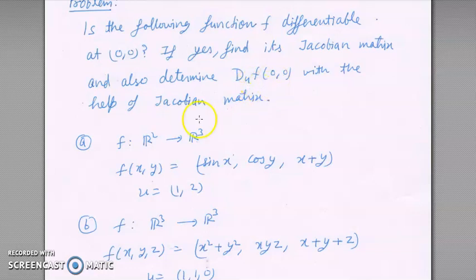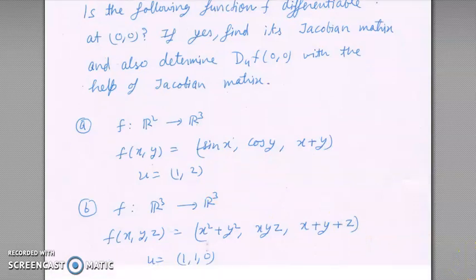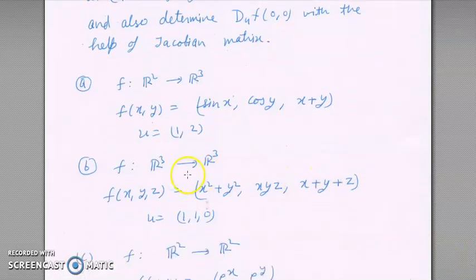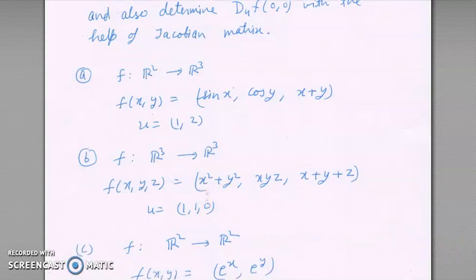The first function is f from R2 to R3, f(x, y) is equal to (sin x, cos y, x plus y), u is equal to (1, 2). Second is f from R3 to R3, f(x, y, z) is equal to (x square plus y square, xyz, x plus y plus z), and u is equal to (1, 1, 0).